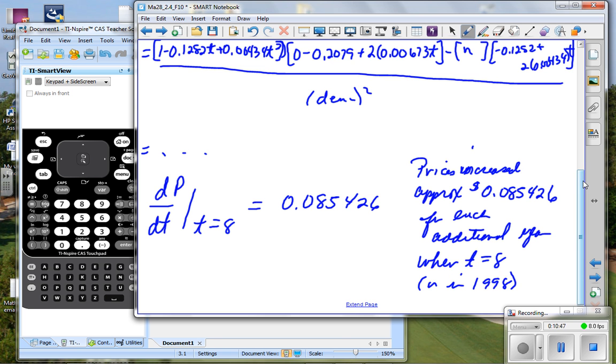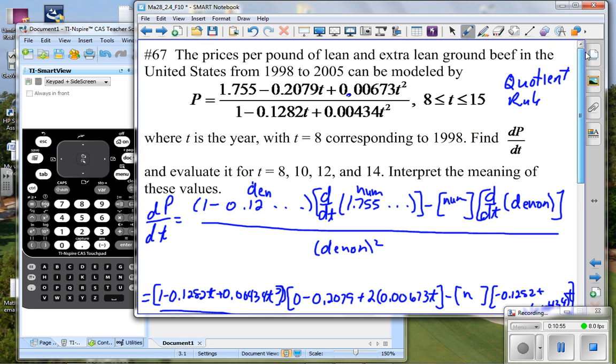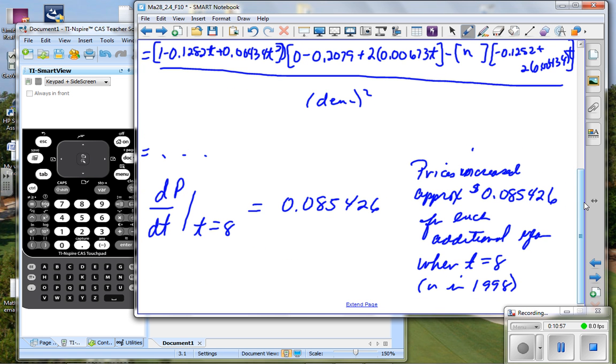All we can say is that in 1998 the prices of the beef were increasing approximately this much per pound. So we can say per pound on this for each additional year.